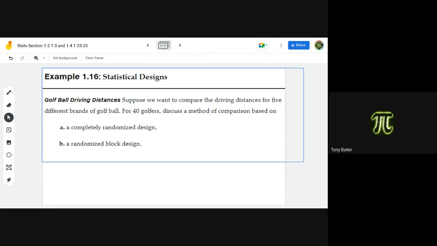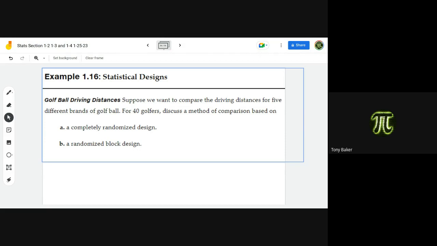I'm testing the golf balls, not the golfers. I have 5 different brands of golf balls. How many times do you want to run that experiment? 40. They're running it 40 times with 40 different golfers. So each golfer is going to hit 5 times with the different golf balls.